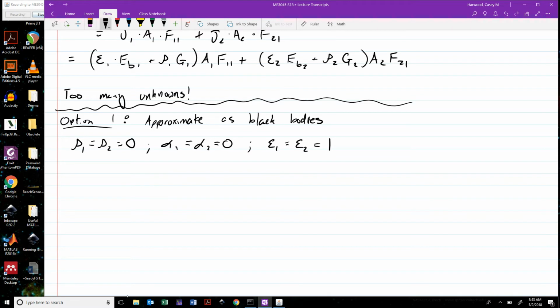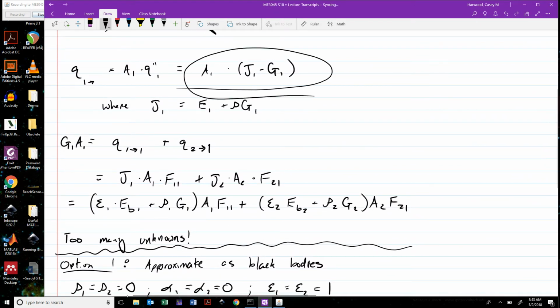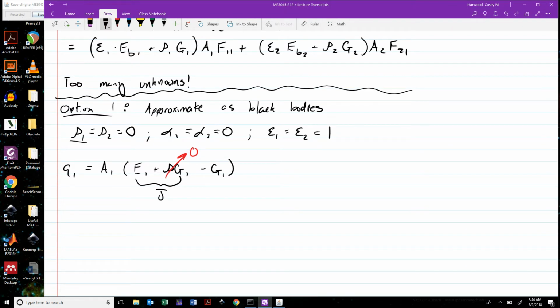So in that case, we'd say that Q1 is equal to A1 times (epsilon 1 E_b1 minus alpha 1 G1), back up here at this energy balance, where this right here is our J. But now we get to kill that term off because the reflectivity of a black body is 0.